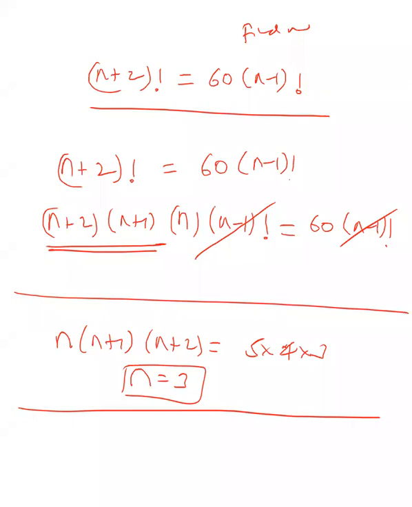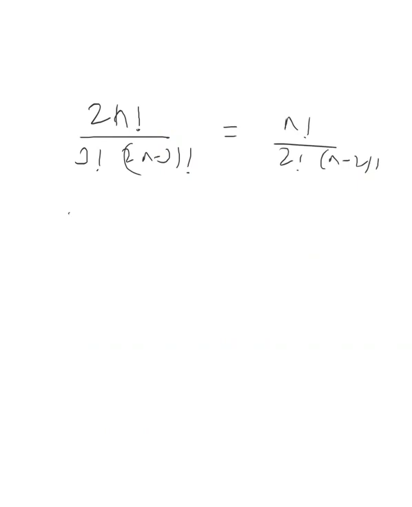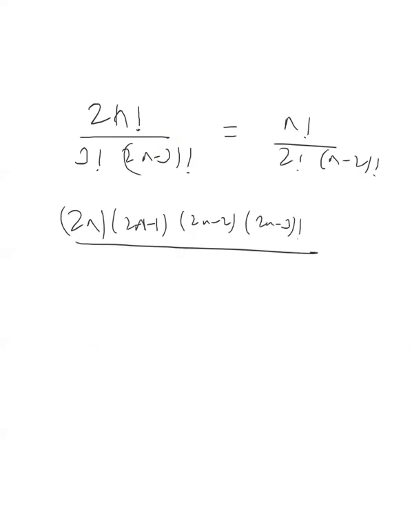Anyway, and then question number 10, I will tell you what is to be done. 10 also, you do the same method. What method now? You convert into 2n, 2n minus 1, 2n minus 2, 2n minus 3 factorial. You get cancelled with the factorial below.